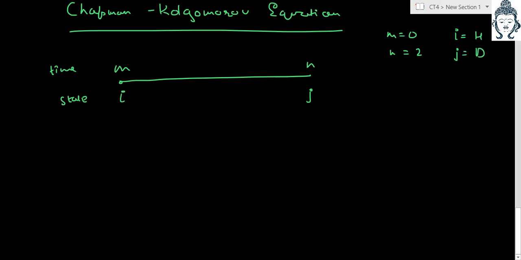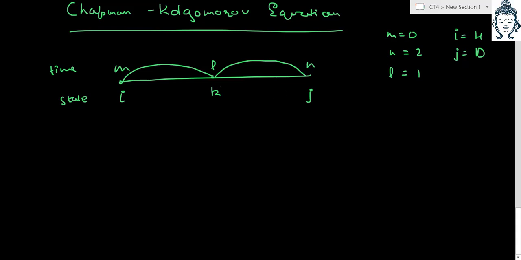If I want to go through this transition, I can take any intermediate time l. In the last example I had taken l as 1. So I can take any intermediate time l, and if there I am in state k, to get from i to j from time m to n, I'll first have to transition from i to k from time m to l, and then transition from k to j from time l to n.